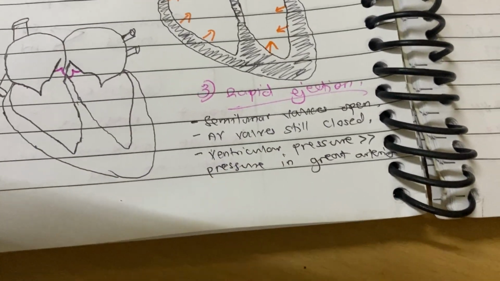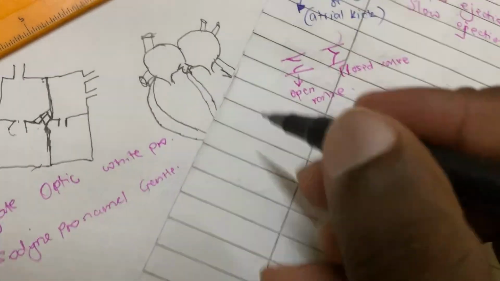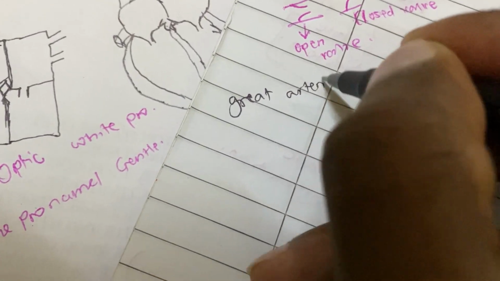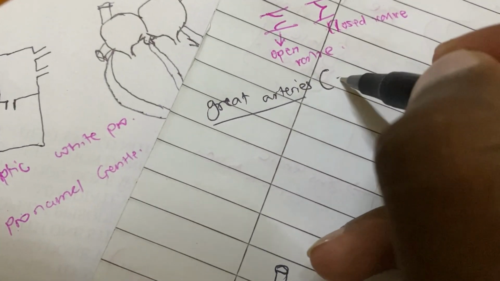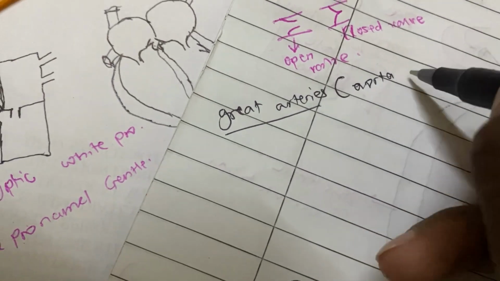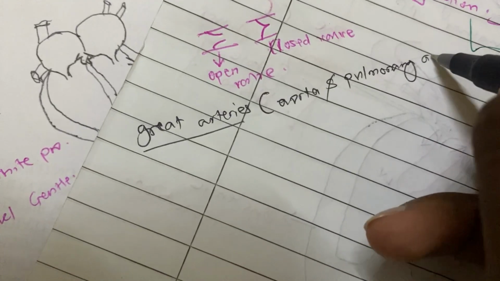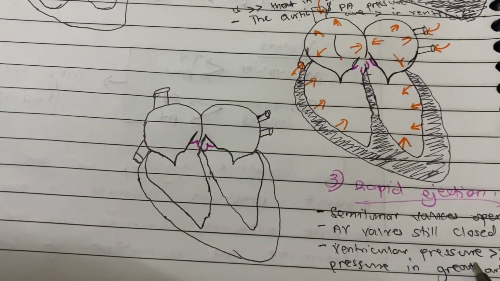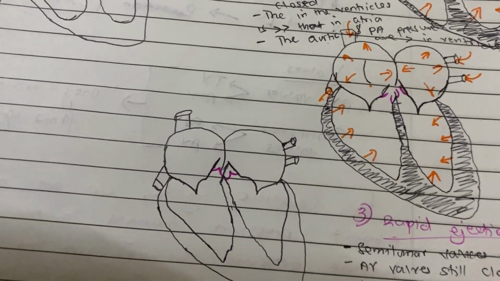What are great arteries? Great arteries are pulmonary artery and the aorta. So these are great arteries. When I say great arteries, I mean the aorta and the pulmonary artery. Those are great arteries. So the pressure in the ventricle is more than that in great arteries.